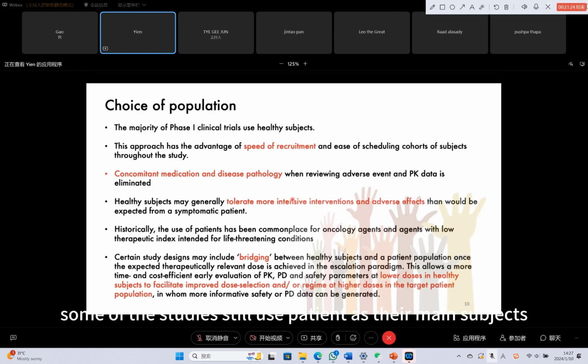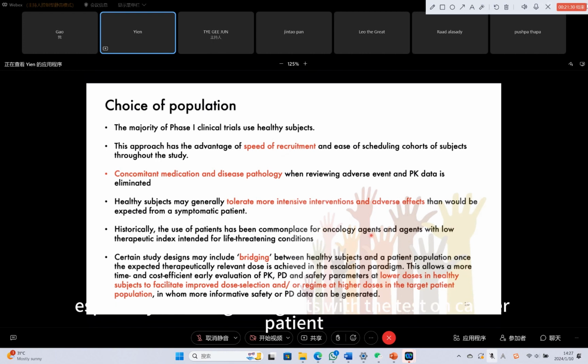However, some of the studies still use patients as their main subjects, especially oncological agents, where they test on cancer patients. And most studies use a bridging study design, where they use healthy subjects for lower dosage to facilitate improved dose selection.